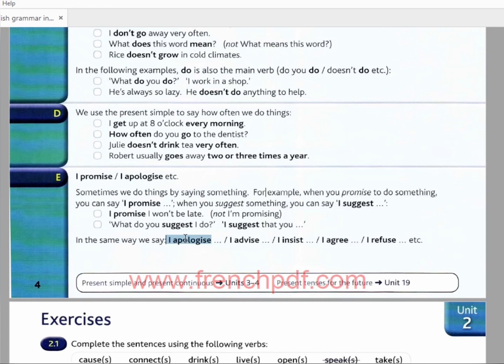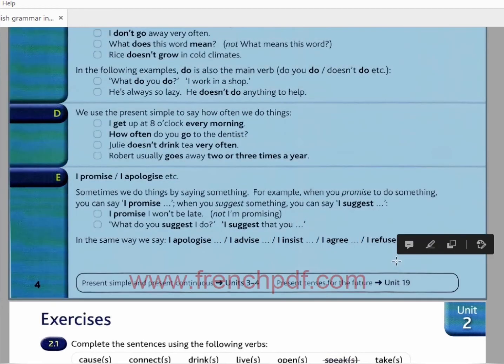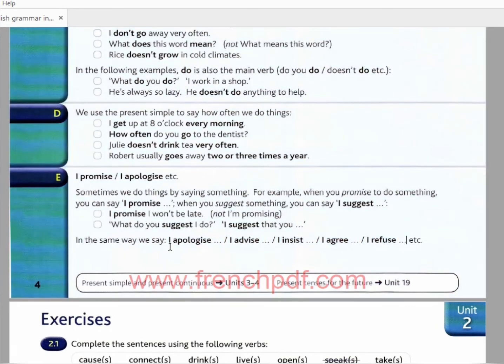All these you can say in the present simple form. For example, I promise I won't be late. You cannot say, for example, I am promising. You cannot use it in the present continuous form. You have to use it in the present simple form.